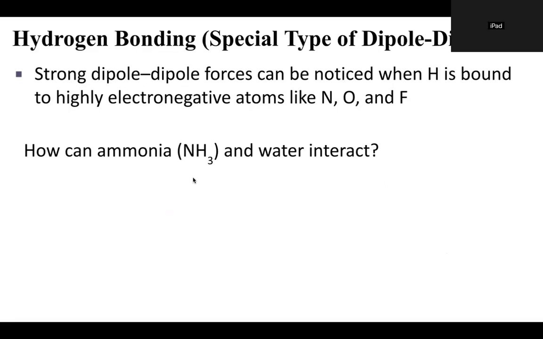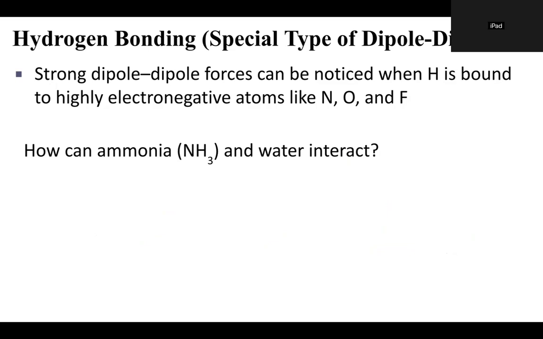So we also alluded and said that there has to be a special type of dipole-dipole force because we know that the more electronegatively different, the more polar the molecule is. So if we're talking about covalent compounds, meaning molecules that only have nonmetals, the biggest difference in electronegativity can come from hydrogen, which is our least electronegative nonmetal, and our most electronegative nonmetals, which are nitrogen, oxygen, and fluorine.